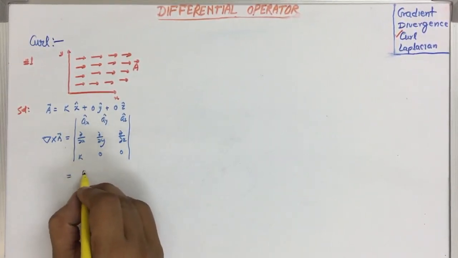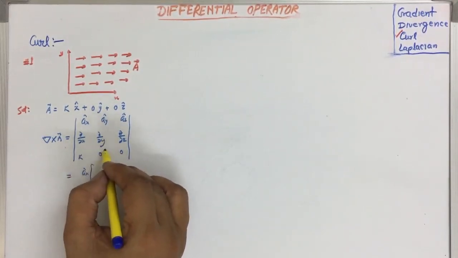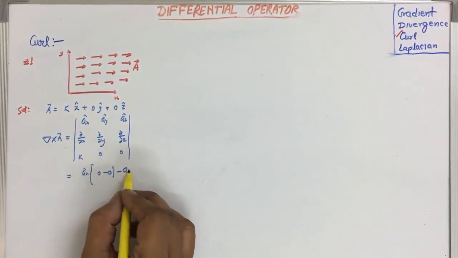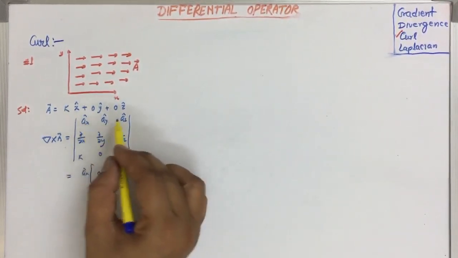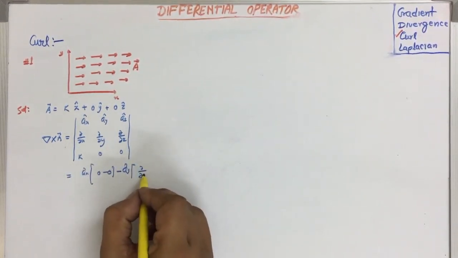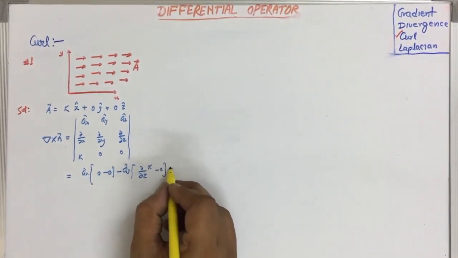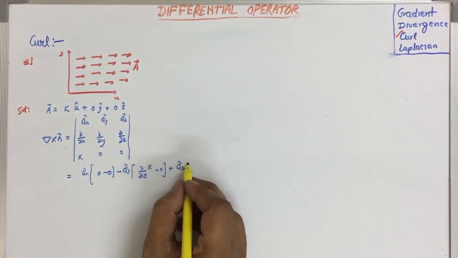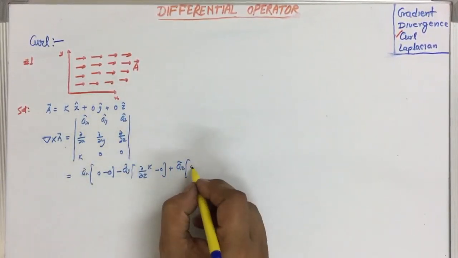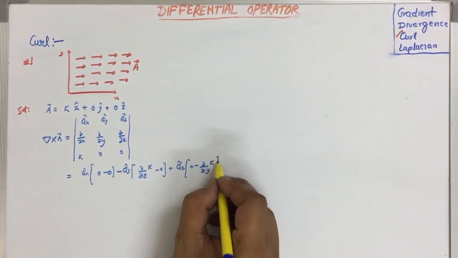Now try to find the determinant. In that case it will be this minus this, minus ay, this minus this, so it will be del z constant k minus 0, plus az 0 minus this del over del y constant k.